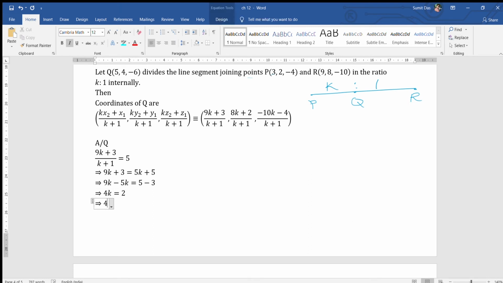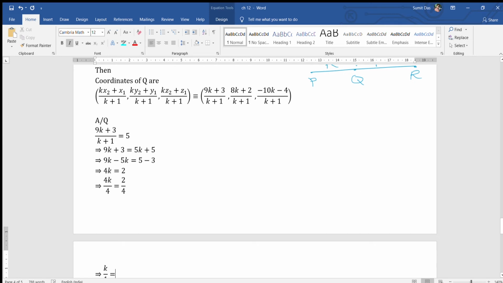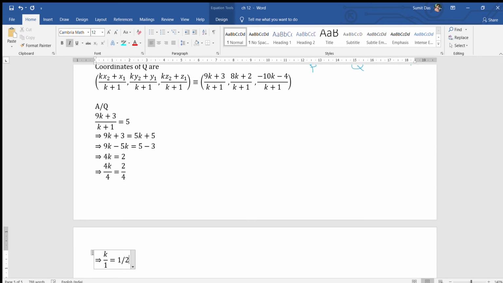So 4k divided by 4 equals 2 divided by 4. I'm dividing both sides by 4, so we get k by 1 equal to 1 by 2.